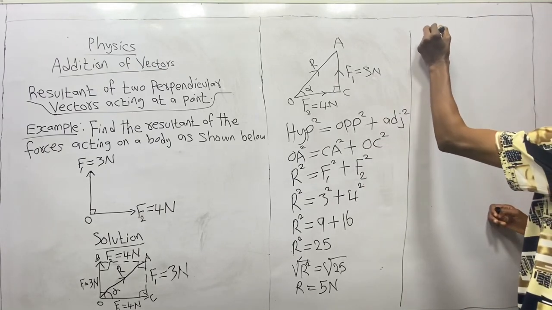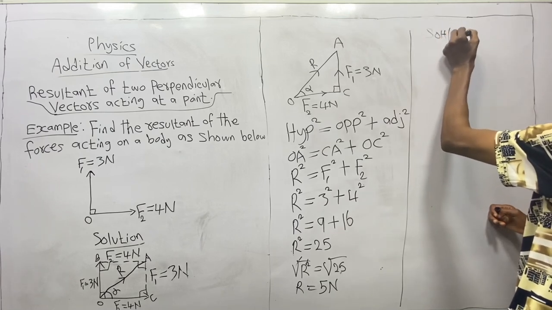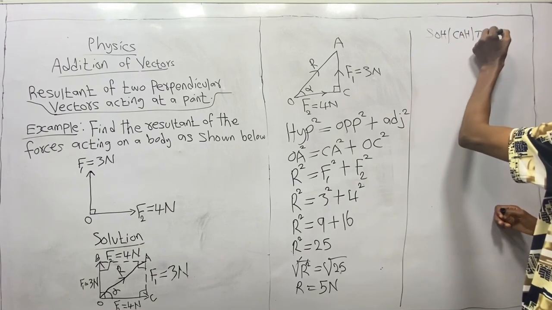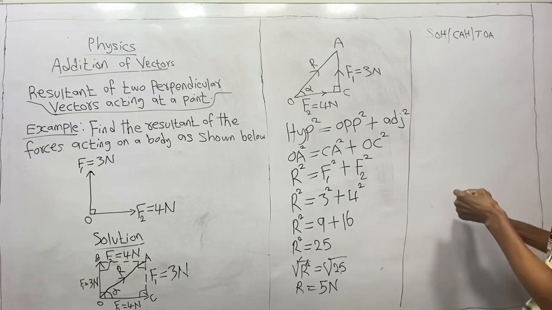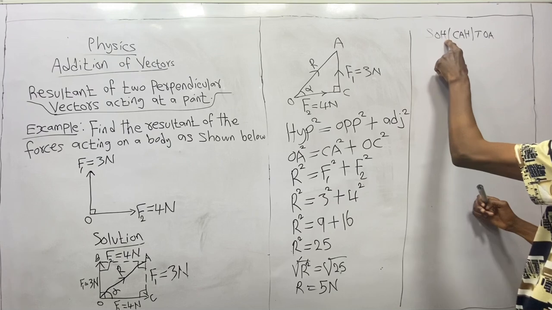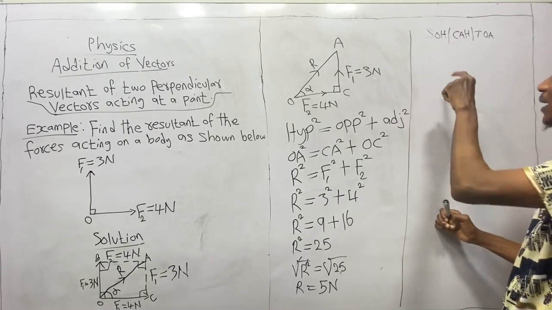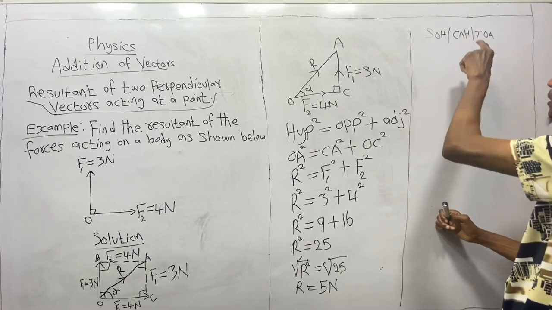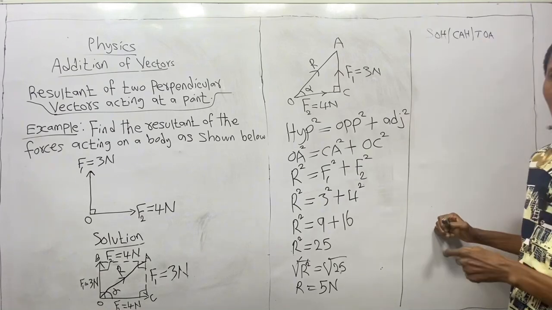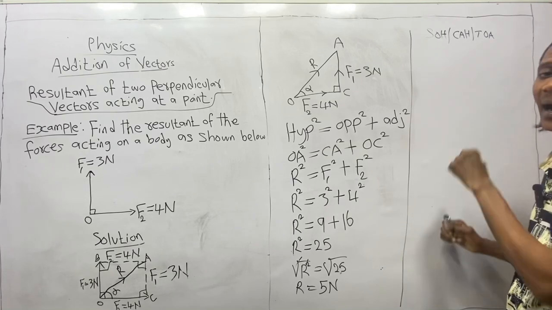In your mathematics, you have something like this, SOH CAH TOA, where the S here stands for sine, O here stands for opposite, H here stands for hypotenuse, C here stands for cosine, A stands for adjacent, H stands for hypotenuse, T here stands for tangent, O stands for opposite, and A stands for adjacent.